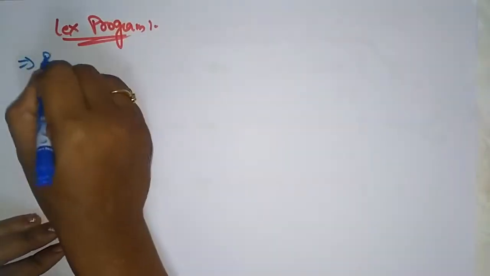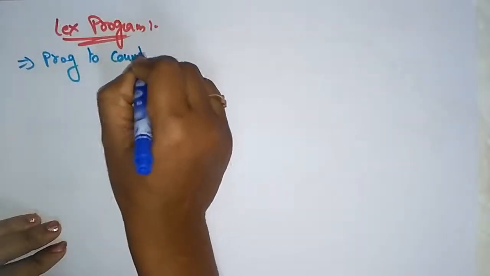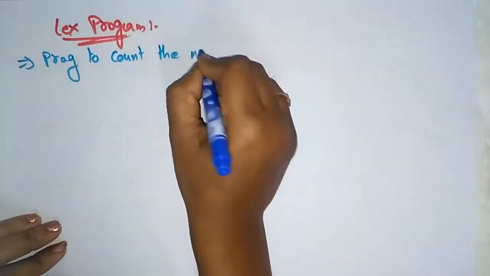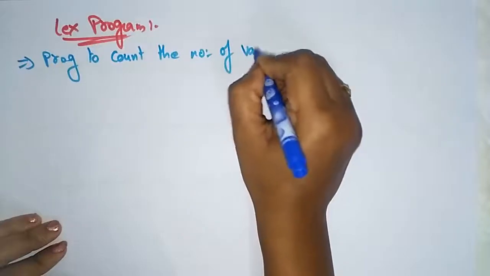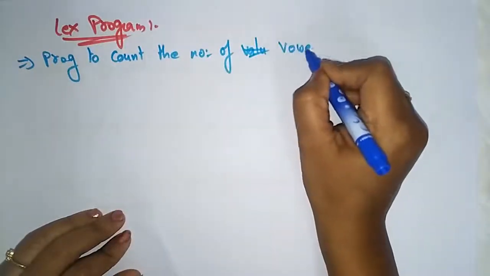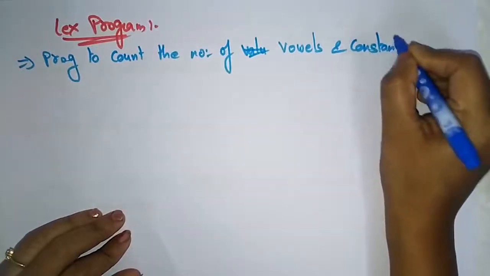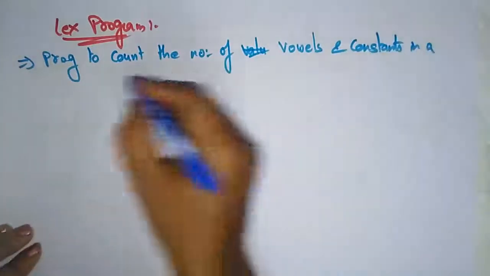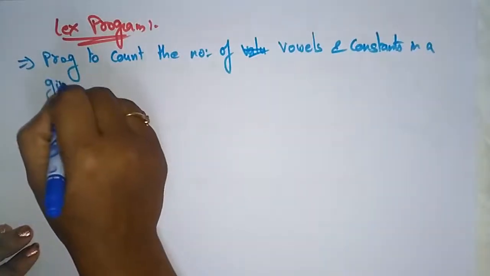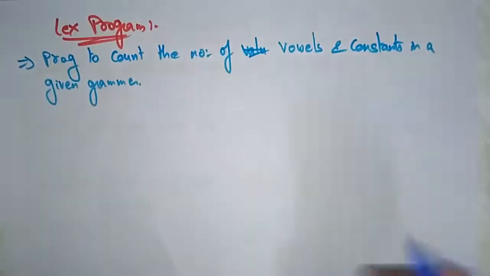Let's write a program to count the number of vowels and constants in a given grammar. This Lex program I'll explain in the next video.